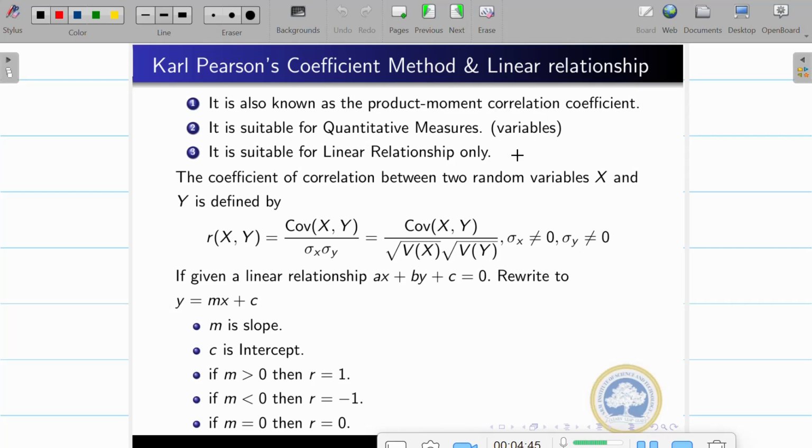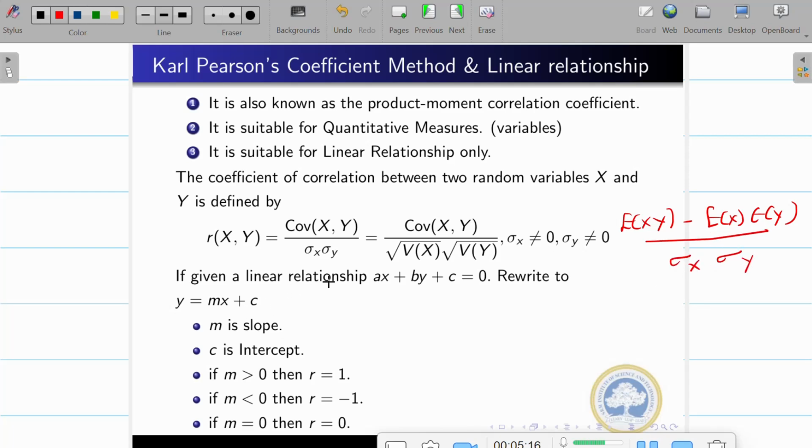It is suitable for quantitative measures and for estimating linear relationships. It is defined as r of x comma y equals the covariance of x comma y upon sigma x sigma y, provided the variances are not equal to 0. The covariance is the expectation of xy minus expectation of x, expectation of y, upon sigma x, sigma y.